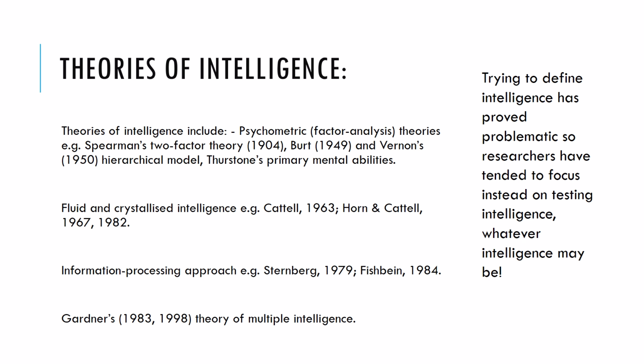You'll look at fluid and crystallized intelligence by Cattell. So the idea that you've got potentially two types of intelligence that run in parallel to each other. Information processing approach, and Gardner's theory of multiple intelligences. So again, this idea that perhaps you've got several different intelligences that again are running in parallel.